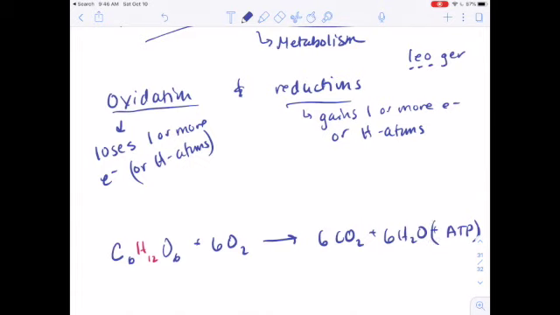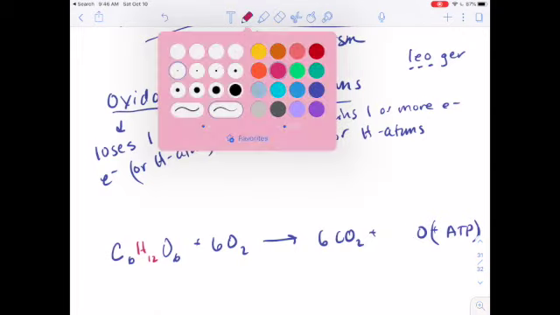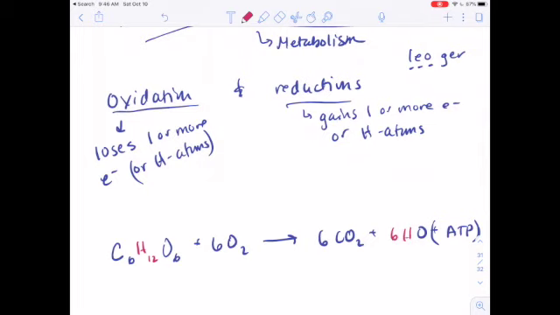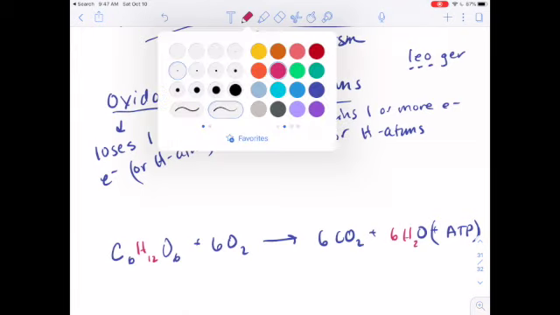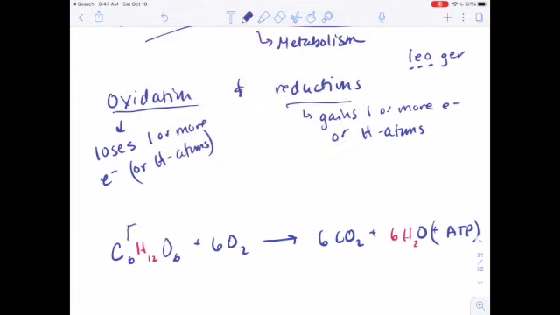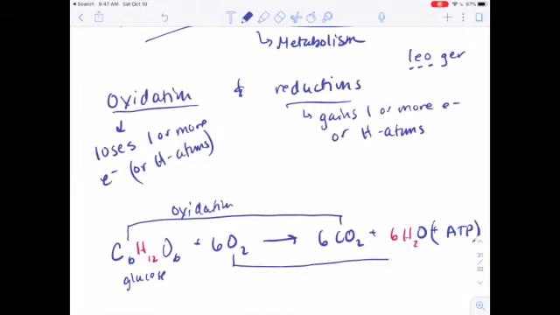We talked about how it doesn't happen all at once. And this was to show you that glucose over here is oxidized. It loses all those hydrogen atoms, whereas oxygen gets reduced.